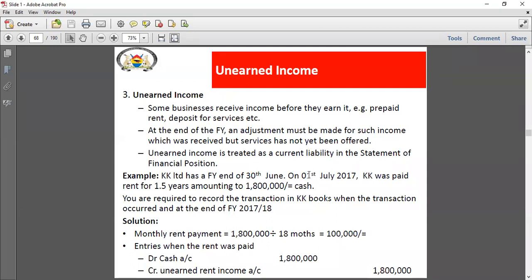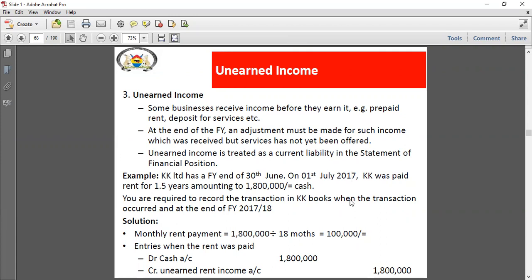They're saying on 1st July 2017, at the beginning of the financial year. You get it? At the beginning of the financial year. So since it's at the beginning of the financial year, we have not utilized this rent. It is just the start.